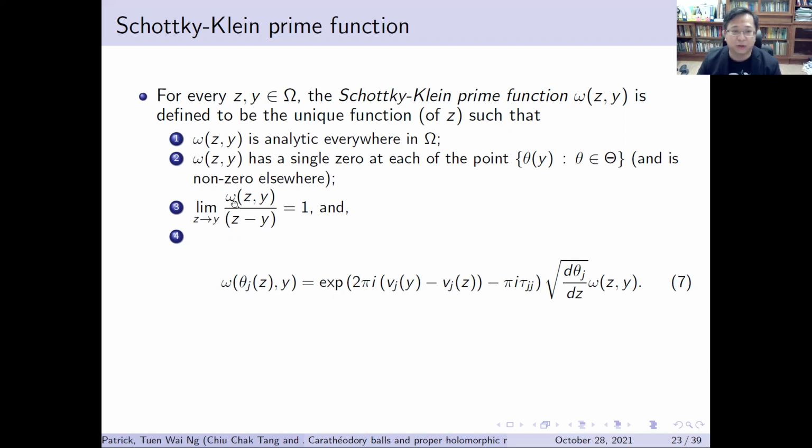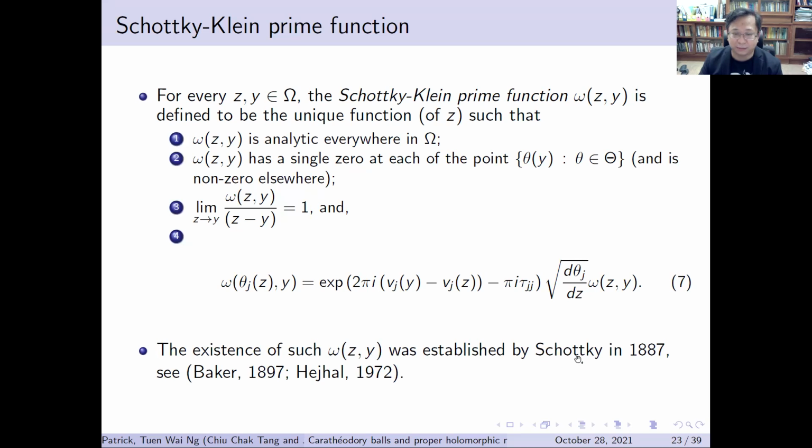Then you also have this asymptotic condition, and finally there's a transformation law for this Schottky-Klein prime function. So these are 4 conditions that need to be satisfied, and it was proven by Schottky that such a function does exist.